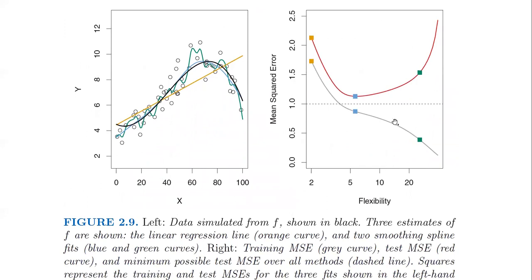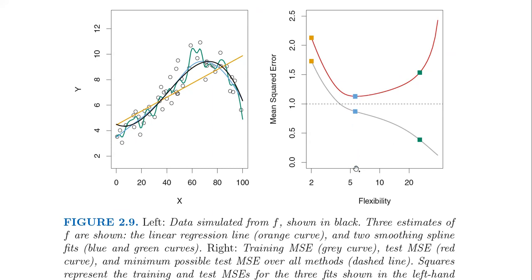So when do we say that we have overfitting? The green is said to be overfitted. This green model is overfitted since we have managed with the blue model to obtain a lower MSE using a less flexible model.